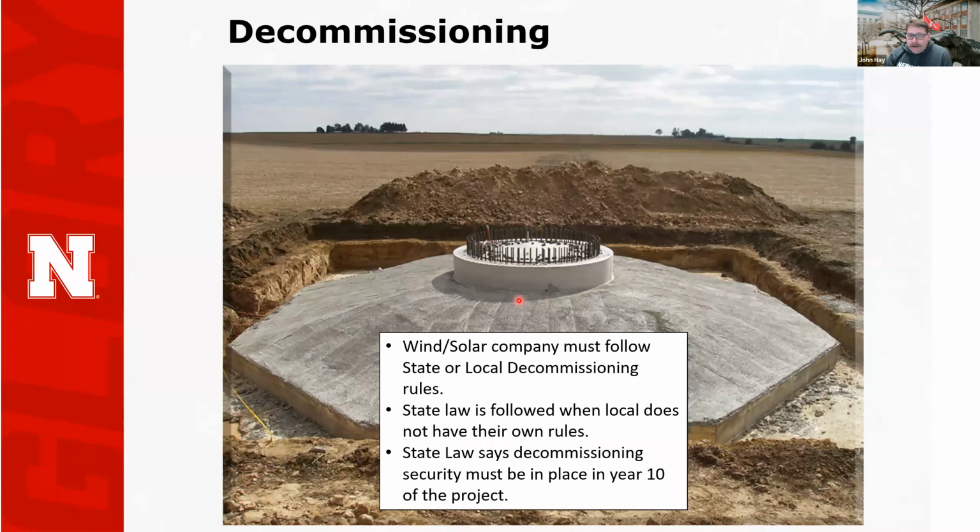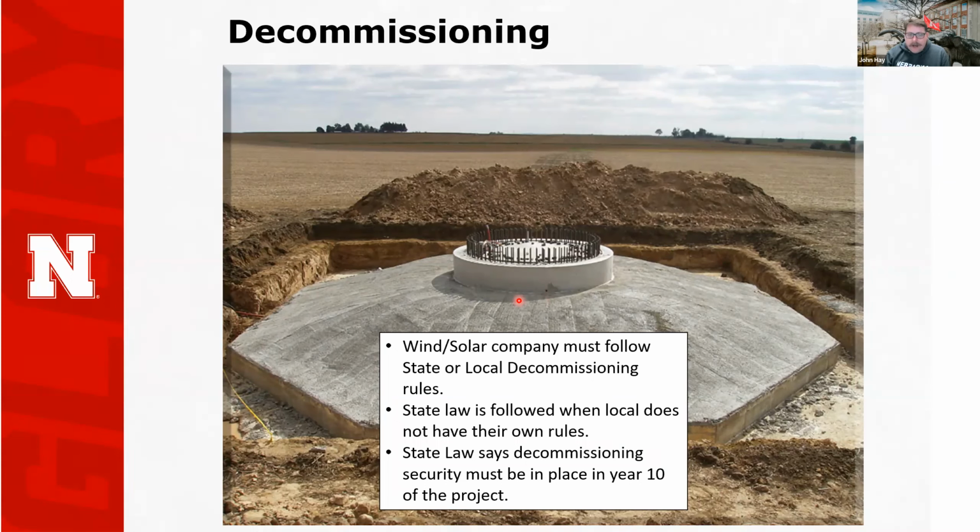Some people are worried about not having money, like company going bankrupt, things like that. There's a couple things going on in the state of Nebraska that deal with that. One is that if there is a local decommissioning policy in place, from a zoning rule or something in that county, they follow that. And so a county could say there must be money set aside to take this down, and it must be set aside in year 1 or year 15 or year 10 of the project.